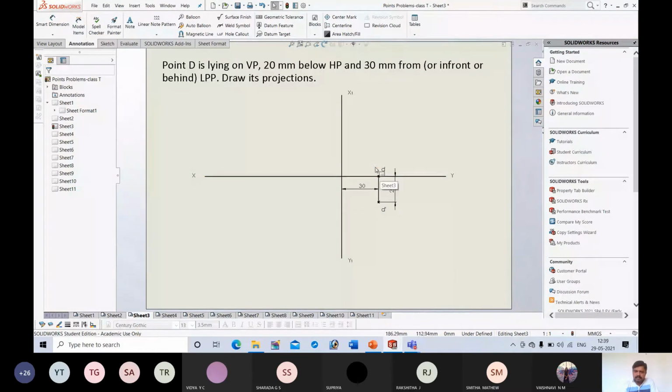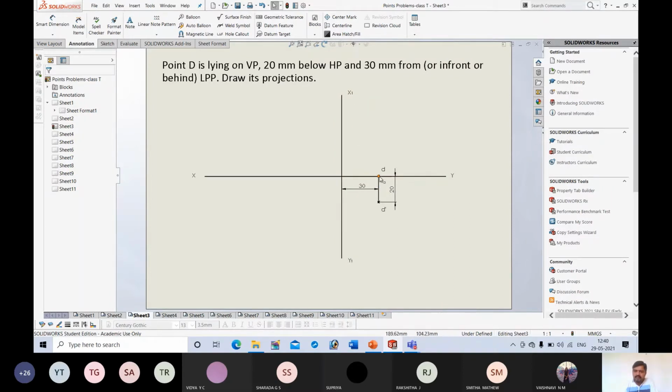In this case, since it is on XY line, even if I draw a line from here or here, if I project it, it will end here itself. That means if it is on VP, on the drawing, profile view will be on X1, Y1 line itself.